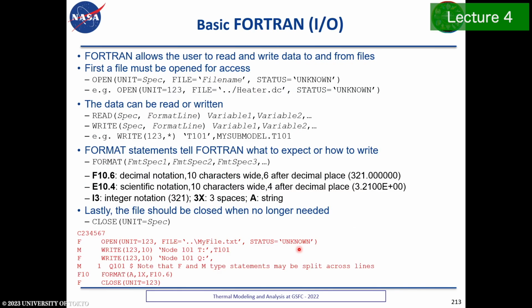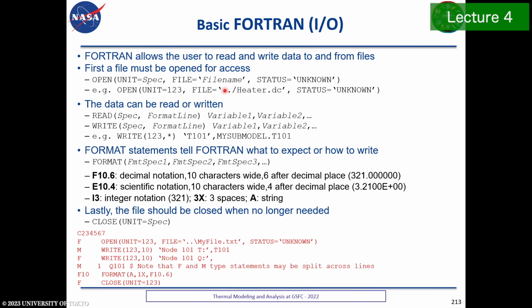Basic input and output. You open a file, you specify the unit specifier, you specify the file name, and you specify the status, which is generally unknown. If you're opening your own file, it's a good idea to use a .. slash or .. backslash, because when Cinda solves, it creates its own directory and solves in there. So if you want it in the same directory where your input file is, you have to go back up to the parent.